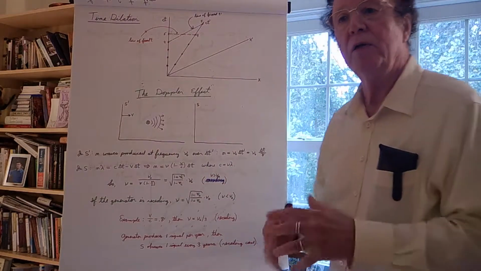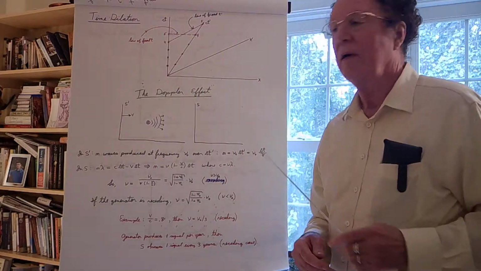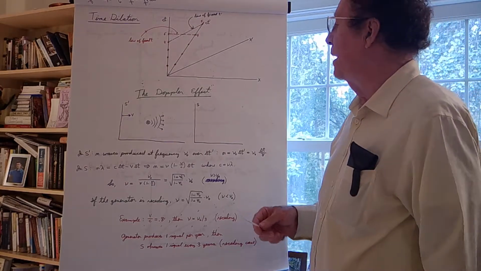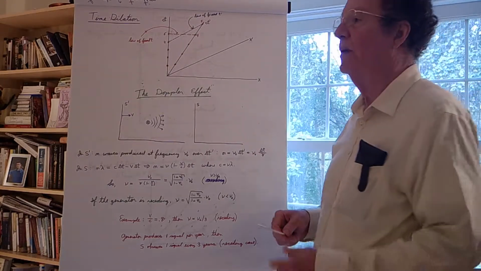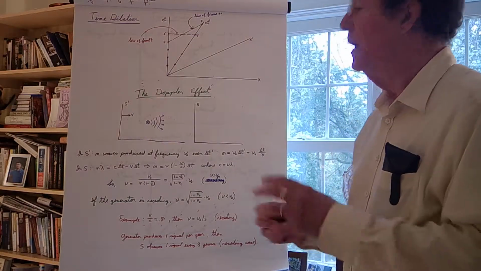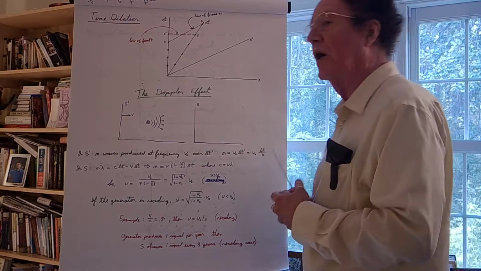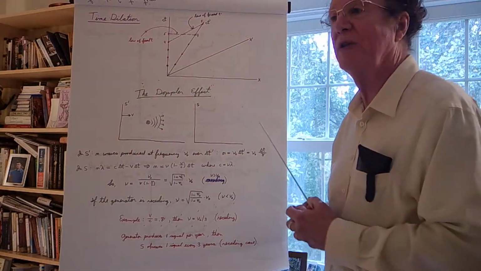Now, you can do the Doppler effect for situations where there might be an angle between the line of sight between the pulse generator and the observer, and there's lots of variations on it. This is the simplest case. The other cases are done by adding a little geometry into the picture.